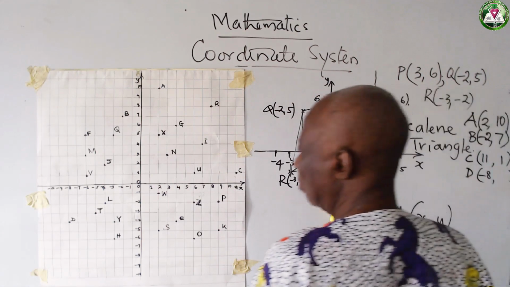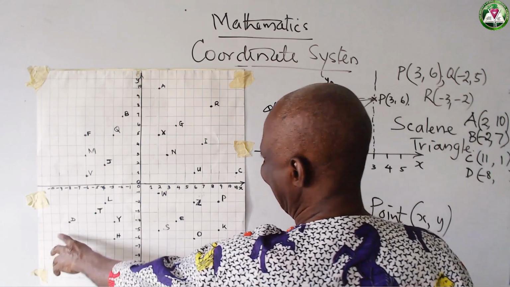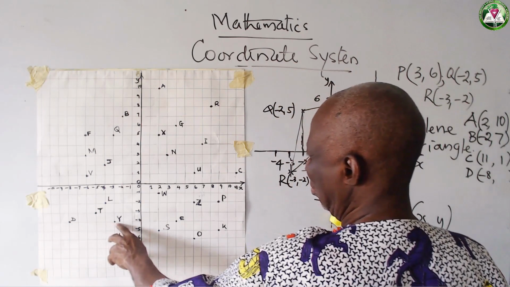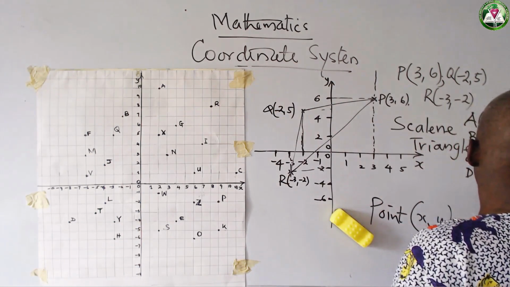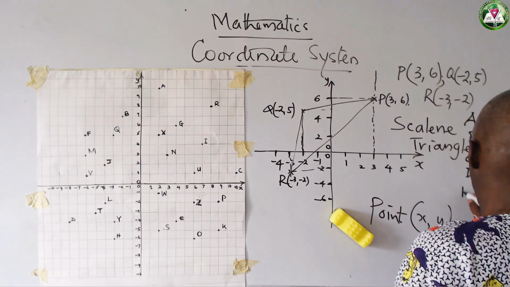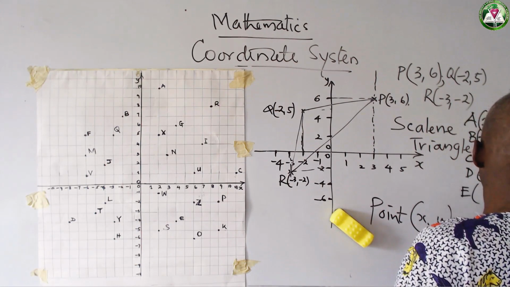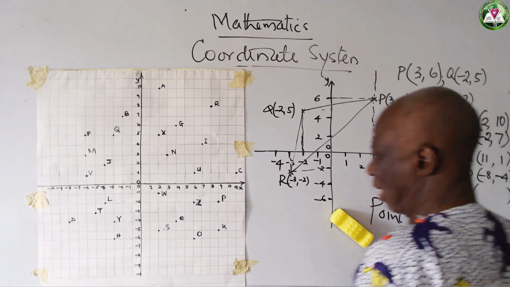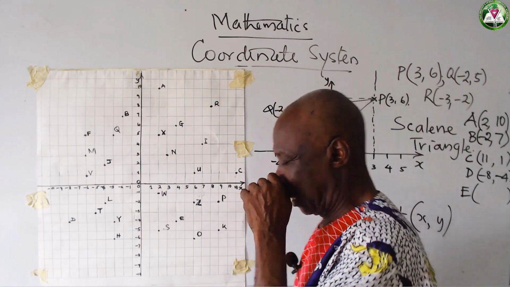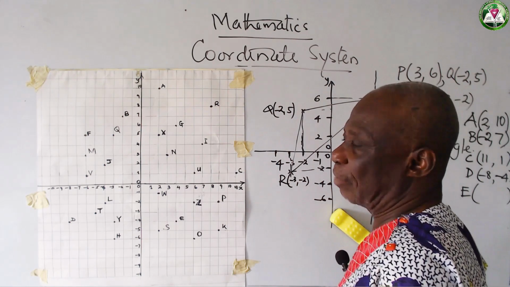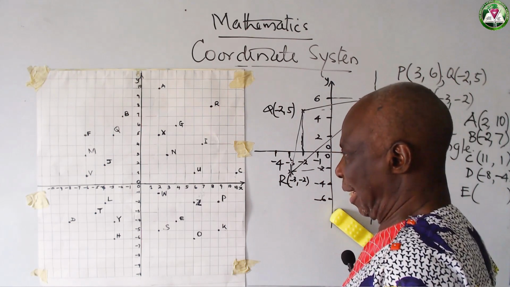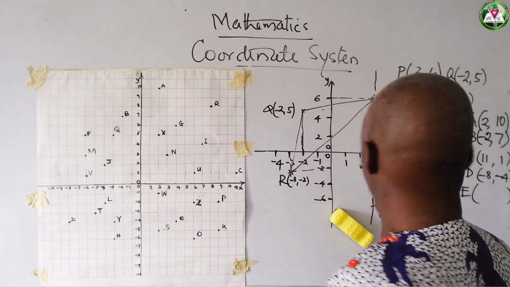From D, move to the Y-axis. What number is there? -4. So the coordinates of D in our graph are -8 for X and -4 for Y.